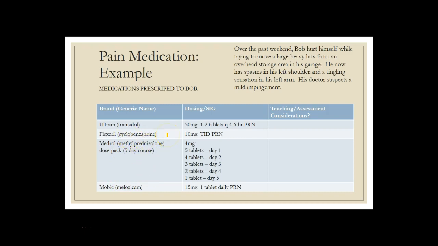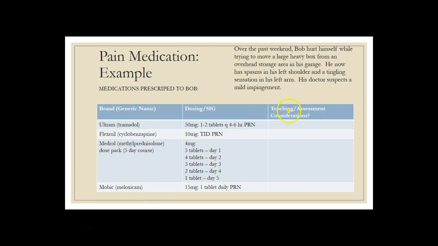Flexeril, that's a muscle relaxant that's going to help with any spasms that are happening from the muscles, that will calm those nerves down, which also causes pain. And then Ultram, tramadol, which is a non-opioid, it will help address pain as well.